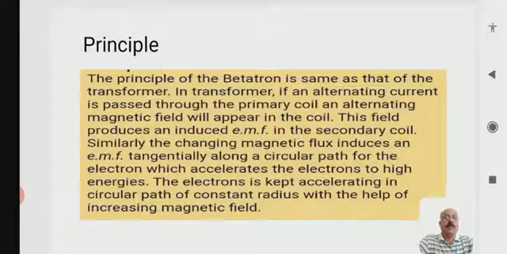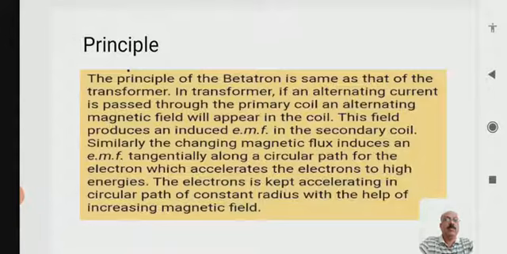The principle of the Betatron is the same as that of the transformer. In a transformer, if an alternating current is passed through the primary coil, an alternating magnetic field will appear in the coil. This field produces an induced EMF in the secondary coil.